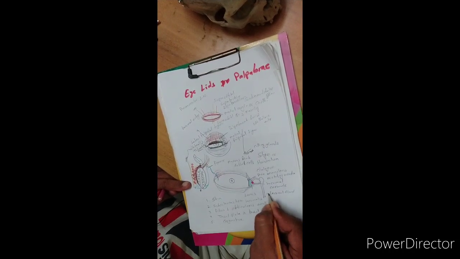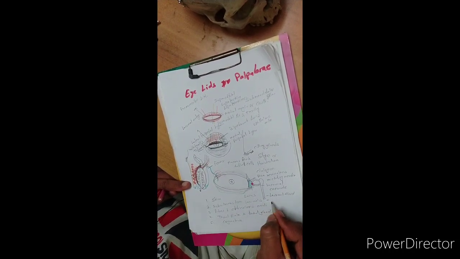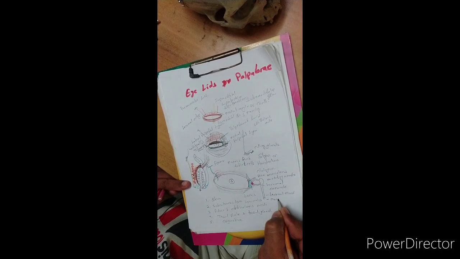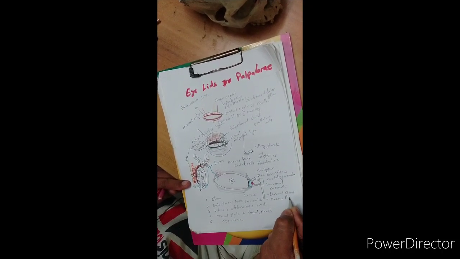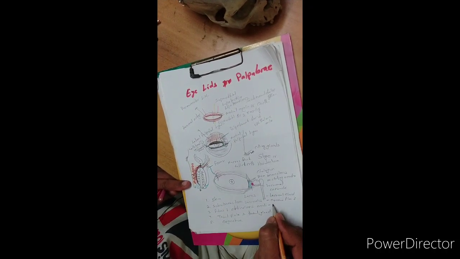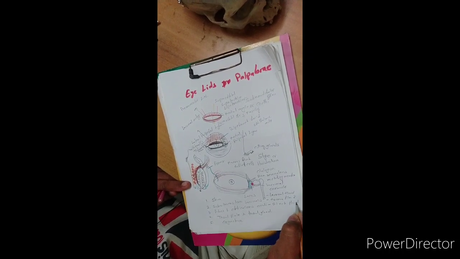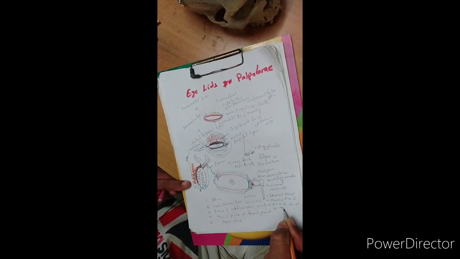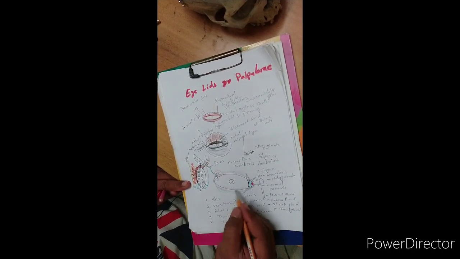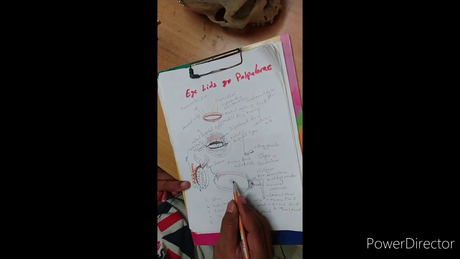Second is the mucus fluid from the goblet cells. Third, the outermost, is the oil-rich fluid from the tarsal gland, which prevents the evaporation of the remaining two fluids.